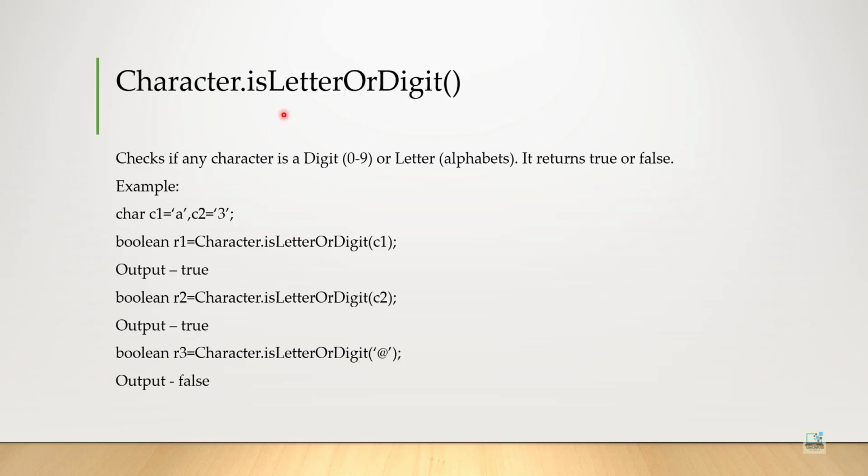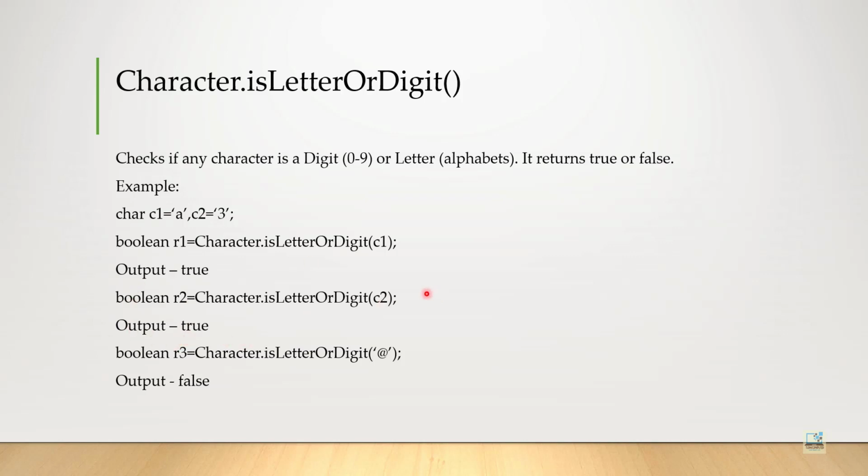Now this function isLetterOrDigit is used to check if any character that you are passing is either a digit or a letter. Means if it is a digit or it is a letter, both ways it will return true. And if it is something else, like a special character or a space, then only it will return false. In the first example, it is returning true since C1 is containing a letter.